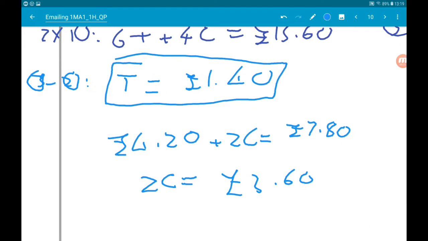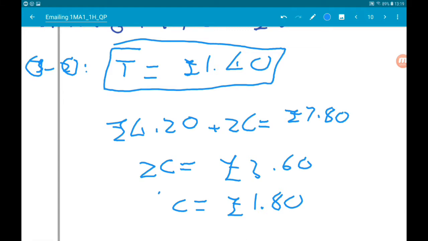Divide by 2 and we get c is £1.80. Boom. So 1 tea is 140, 1 coffee is 180.